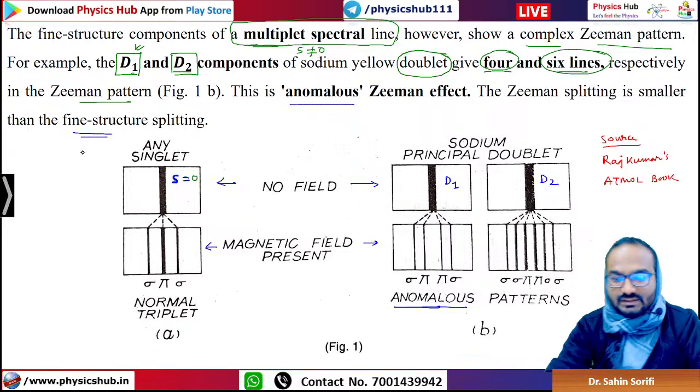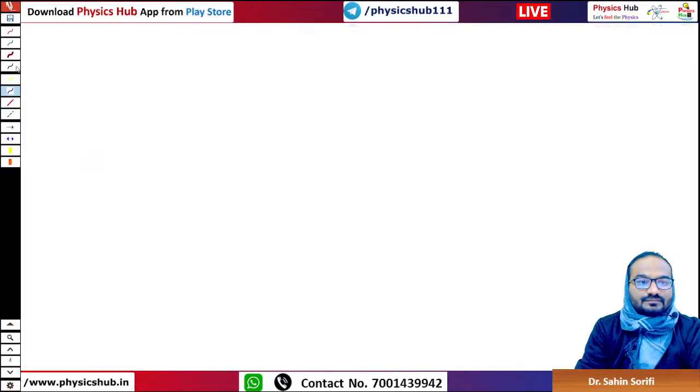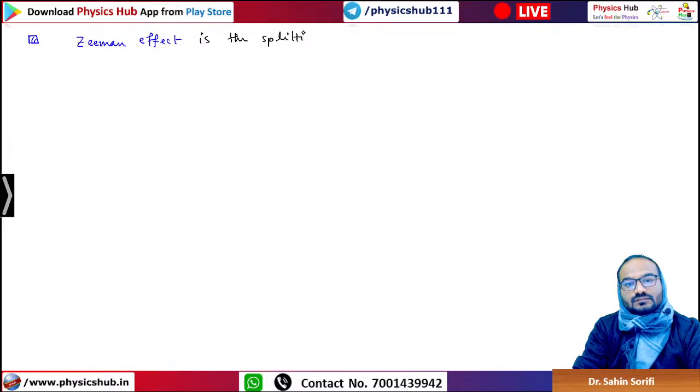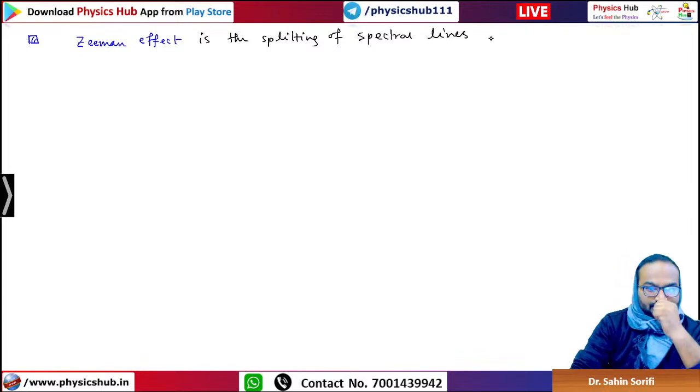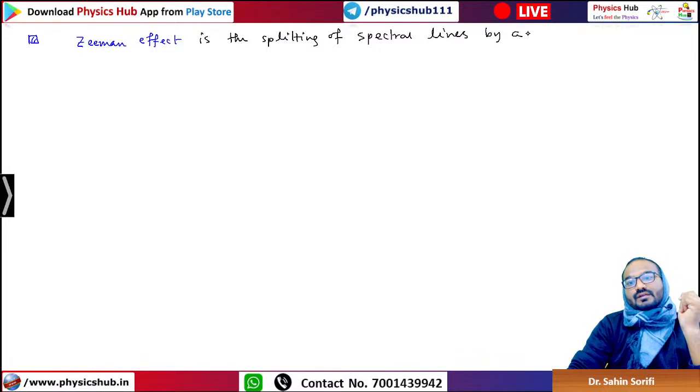If I summarize the Zeeman effect, we can write: Zeeman effect is the splitting of spectral lines by a magnetic field.